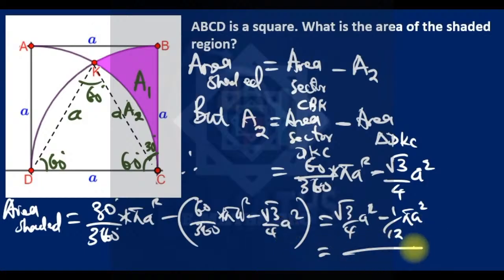The LCM is 12. And this in this 3, so 3 √3. While this in this is 1 minus pi. So what is common in both is a squared. A squared is common, you bring it out. 12 in this times that, you get this 12.